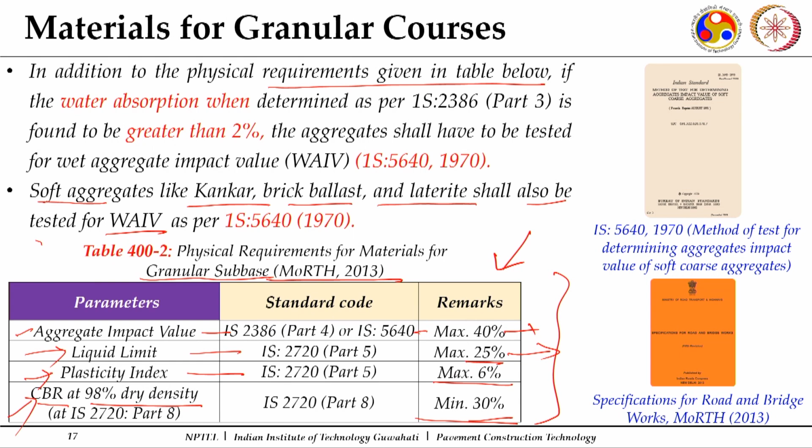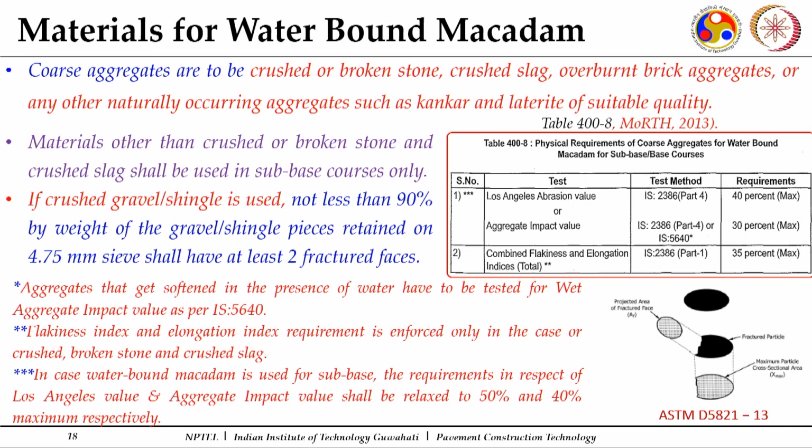That is why wet aggregate impact value may be required, especially when the aggregates have water absorption more than 2%. If the water absorption is found to be greater, the aggregate shall also be tested for wet aggregate impact value. So, this is for the aggregates to be used in granular courses.